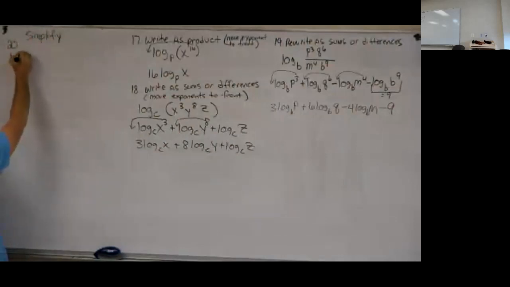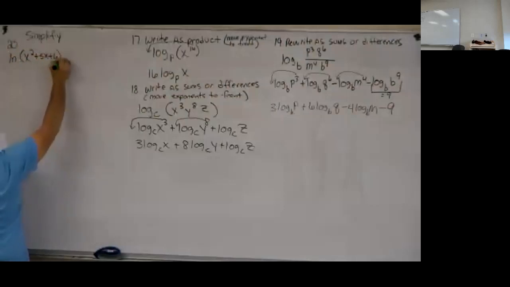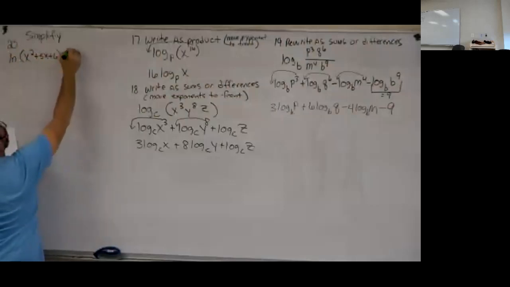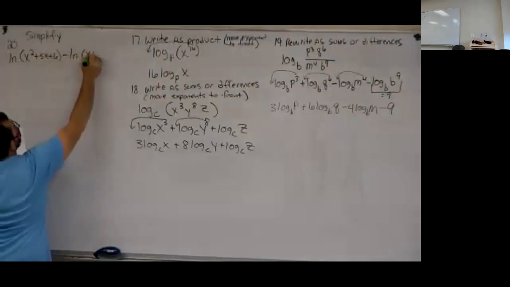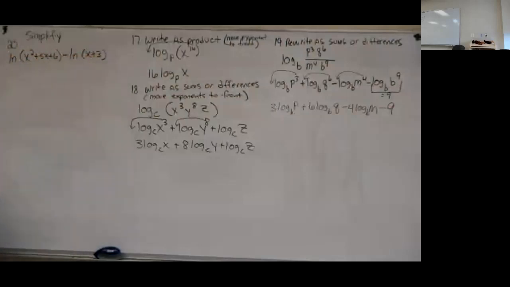ln of x squared plus 5x plus 6 minus the ln of x plus 3. They're being subtracted, so we're going to rewrite it as division. Pull out that ln. This part's positive, so it's going to the top.